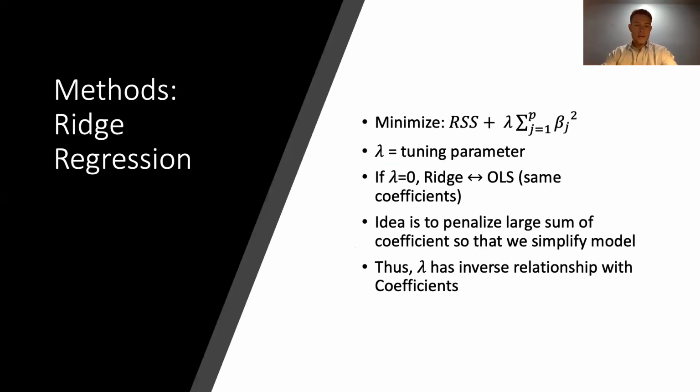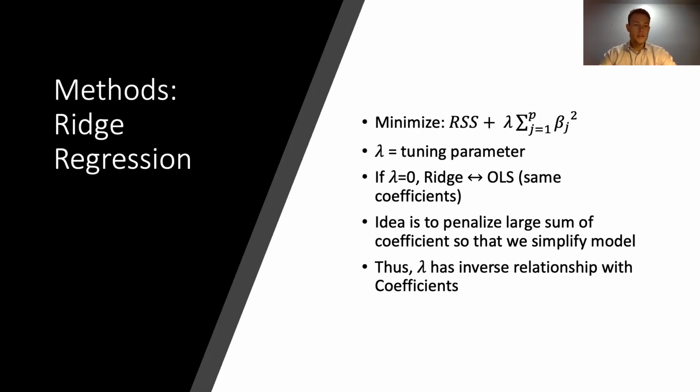So next, after I transformed the dependent variable, we'll start building our models. The method that I used first was ridge regression. If we remember from class, the goal is to minimize this expression, regression sum of squares plus lambda times the sum of the coefficients squared, where lambda is the tuning parameter. If lambda is 0, then our ridge result is going to be the same as ordinary least squares.